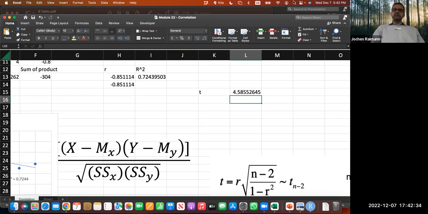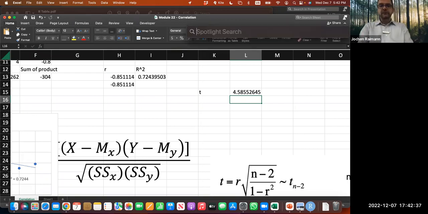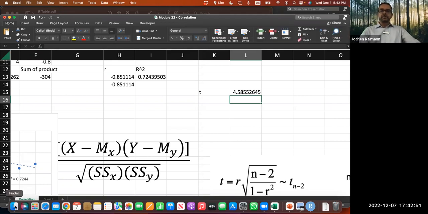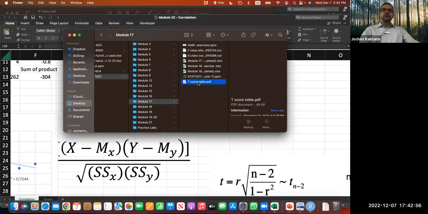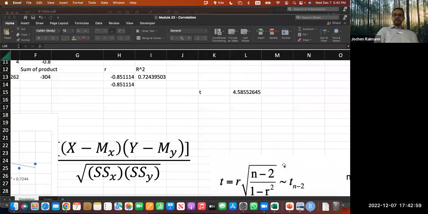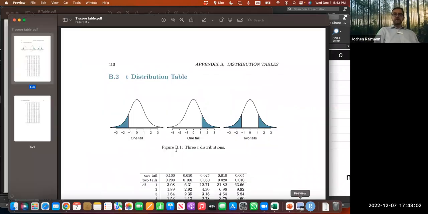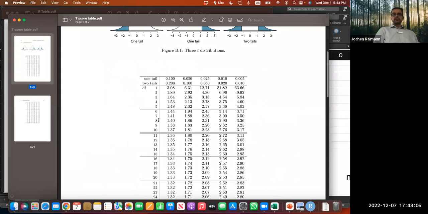If you would like to alternatively look this up in a T-score table, let's see, we need to go back to the T-score table. So 4.58. We have degrees of freedom of 8 with 4.58. We're significantly exceeding our critical T of 2.31.